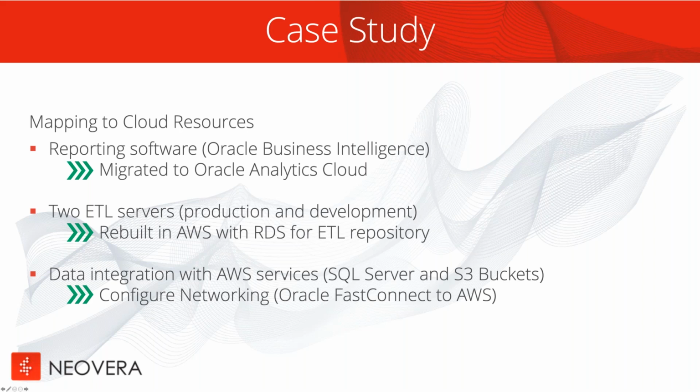Data integration with AWS services. Like I said, they had on-prem to SQL Server and S3 buckets. We were able to reconfigure networking. We actually created a FastConnect between Oracle and AWS. So direct communications, pretty much the fastest communication between those two providers. You have varying levels of that speed, like 1 gig, 10 gig, things like that.